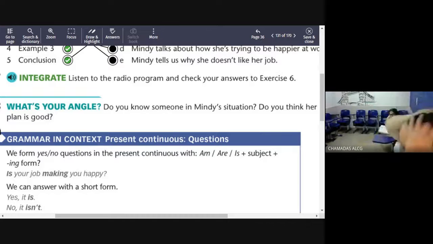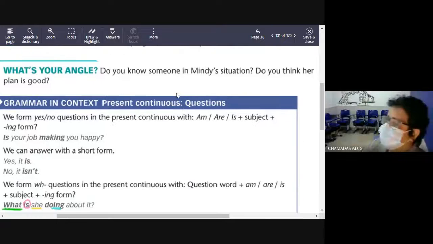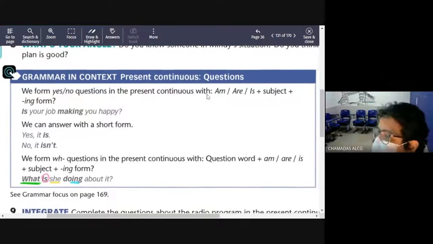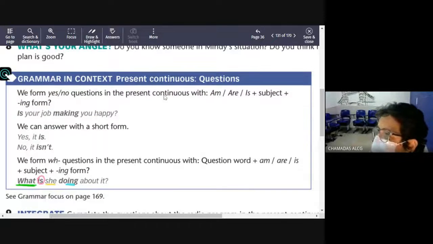I do. Yeah, you do. Okay. And do you think her plan is good? She's trying to learn new skills, get more experience, so that she can maybe open her own company, right? So it's nice to have your own company. I think it's a good idea.